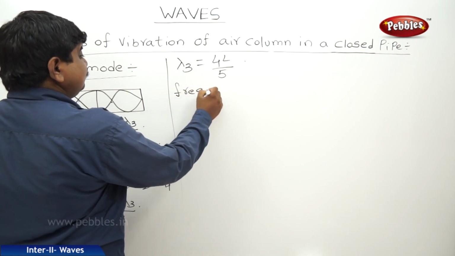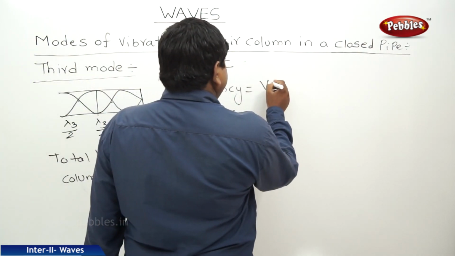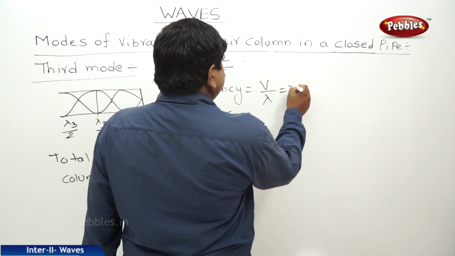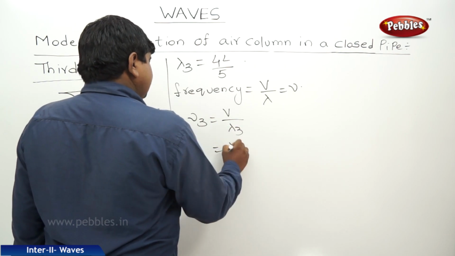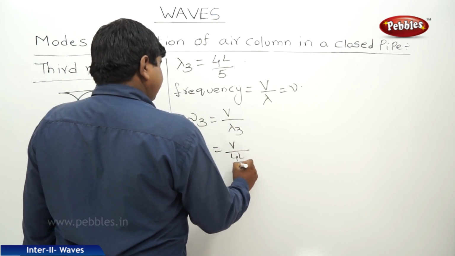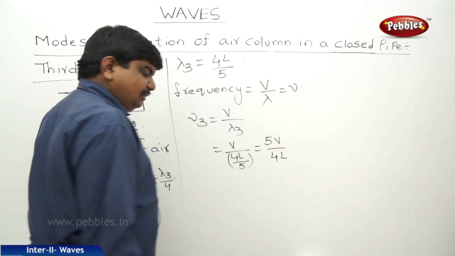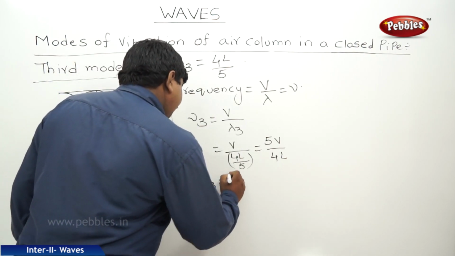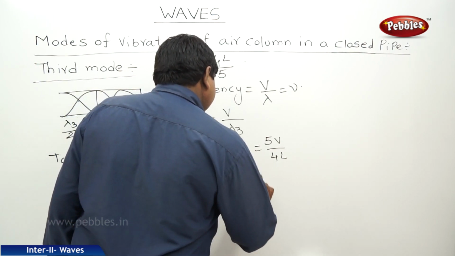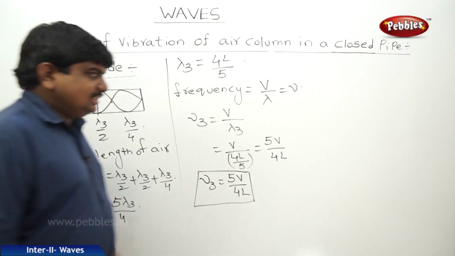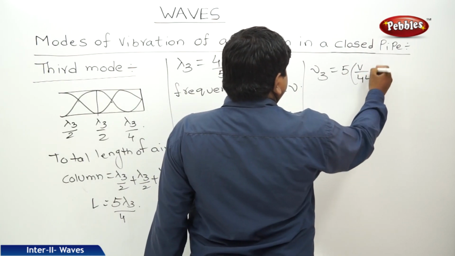Frequency ν is equal to v by λ. So therefore, ν3 is equal to v by λ3. So v by 4L by 5 is equal to 5v by 4L. ν3 is equal to 5 into v by 4L.